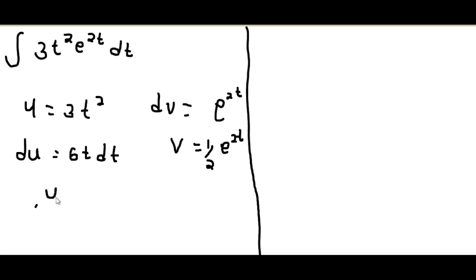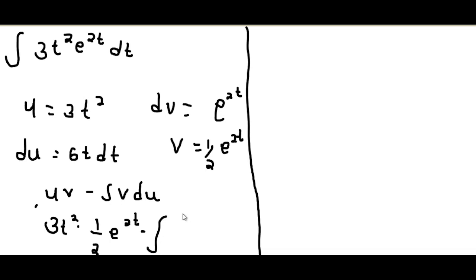So uv minus the integral of v du: our u is 3t squared multiplied by e^t, subtract the integral of e^t times du, whereby it's 6t dt.